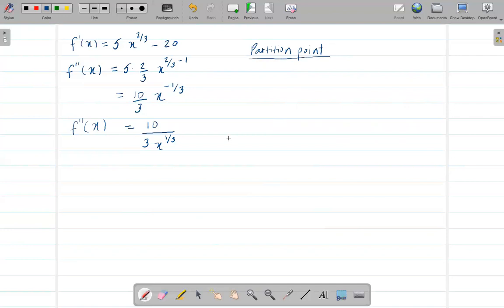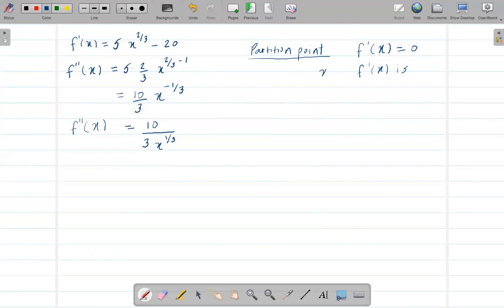So now to find the partition point, well, in this case, again, if you go back to the Tuesday lecture, I said that about the critical number, you can find the critical number by setting f prime of x equal to 0, or where f prime of x is undefined.